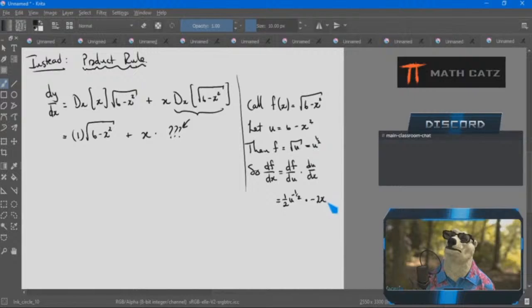It's a negative 2x. Now, I don't love this dot next to a negative. Use brackets to indicate multiplication, because what people do, and I've seen it, is make a dot, but it's so slight you don't even see it. You know it's supposed to be there, but you don't see it. Technically, I'm going to read this as 1/2 u to the negative 1/2 minus 2x, because that is what I see.